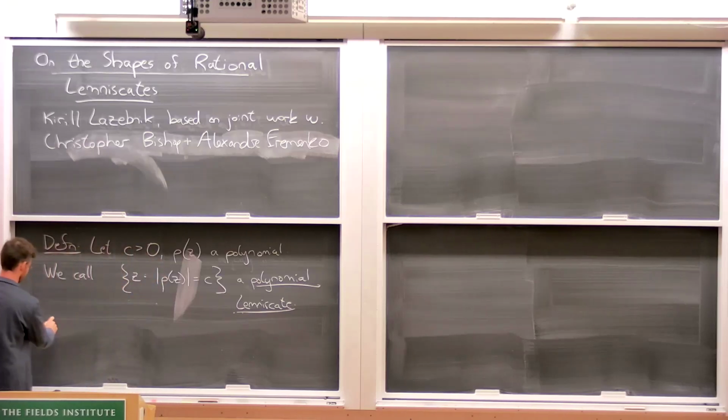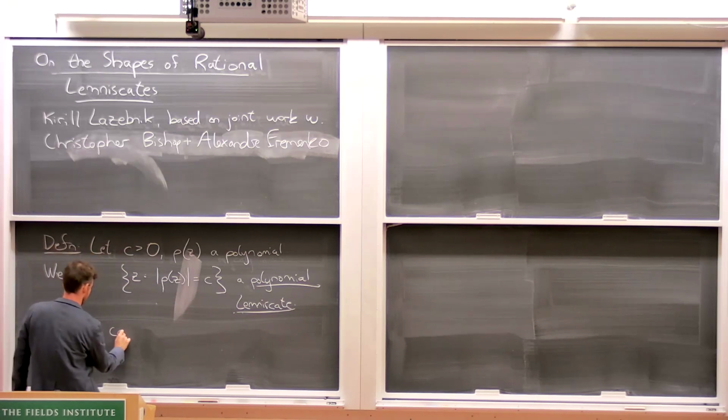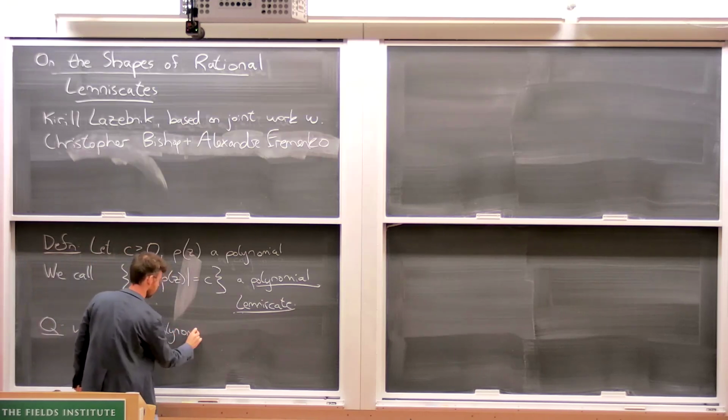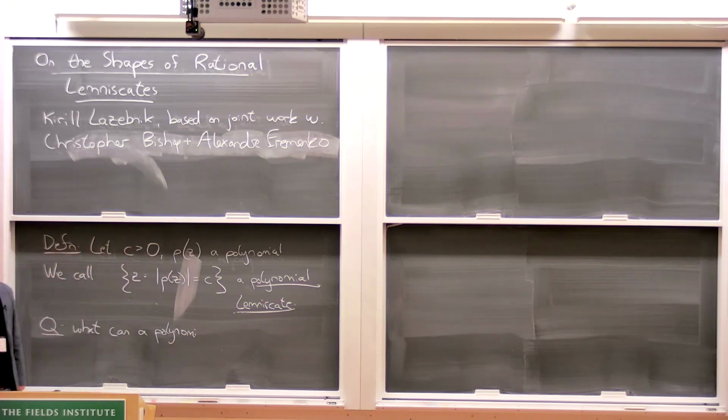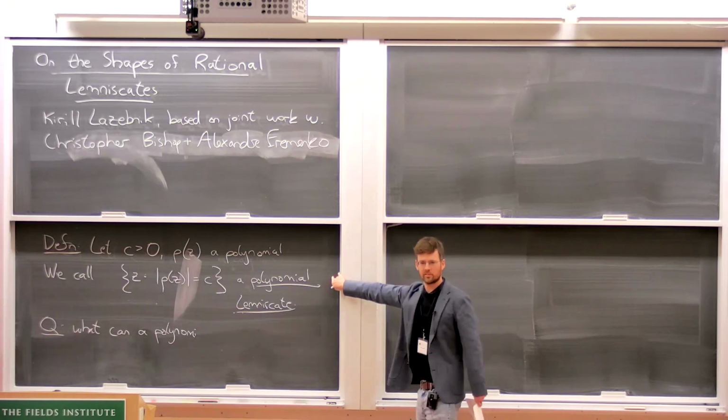Also, I can tell you the main question we studied in this project, or at least a simplified version of it. What can a polynomial Lemniscate look like? Sure, I'll write it over here. Can you see the definition? Yes.